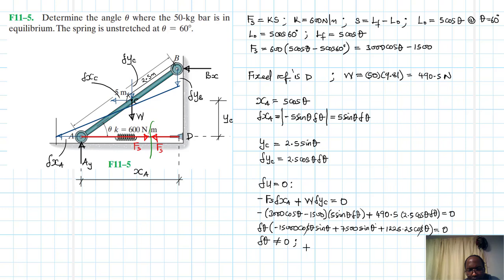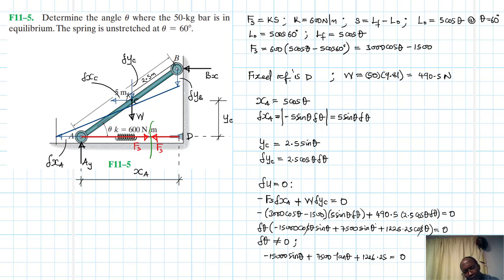So we're going to have an expression like so: minus 15,000 sine theta, plus 7,500 tan theta, plus 1226.25 equal to 0.